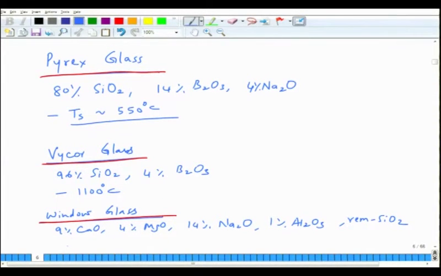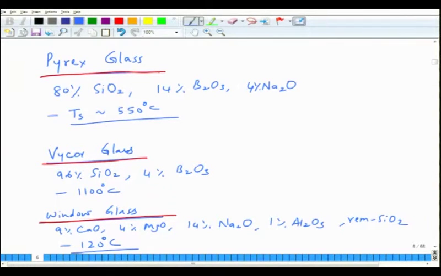This has a softening temperature of about 120 degrees centigrade. So, it is useful for only low temperature applications, all right. But it can be formed into shapes very easily at lower temperatures. As a result, it is a very popular glass.